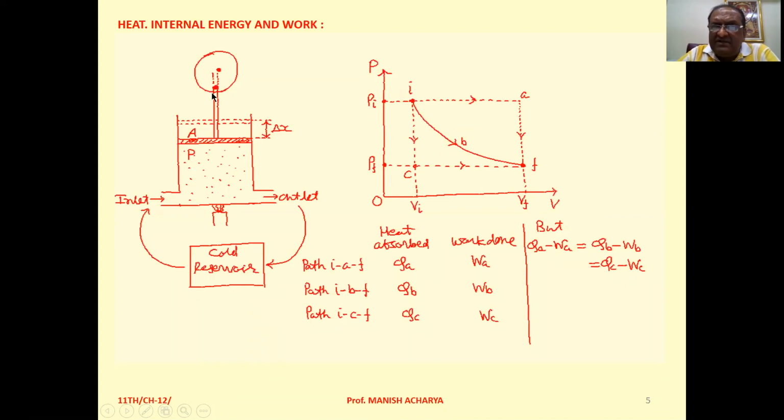Suppose the piston is connected to a wheel with a shaft, and we make an arrangement of inlet and outlet valves. Now, when heat is absorbed by this gas, maximum expansion of the gas takes place, under the effect of which the maximum displacement of the piston takes place. So the shaft will move up and the wheel will be rotated.